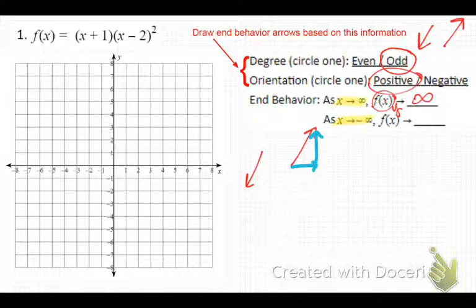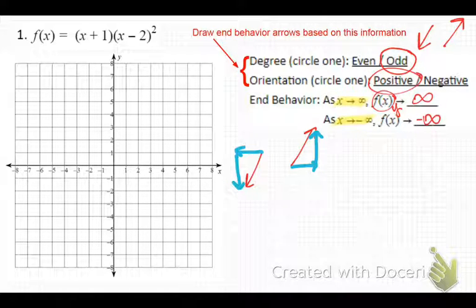Now, for my left arrow, as I go to negative infinity, do I go up or down to meet my arrowhead? I'm going to go down. So what kind of infinity is that? That is going to be negative infinity. So I have as x goes to positive infinity, y also goes to positive infinity. And as x goes to negative infinity, y also goes to negative infinity.